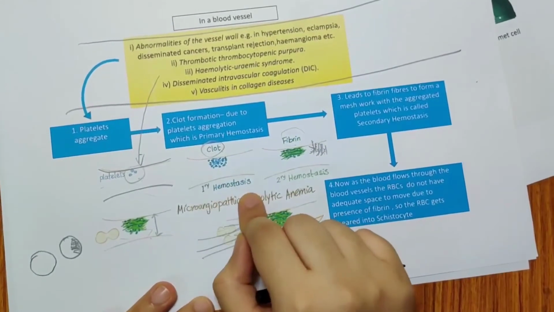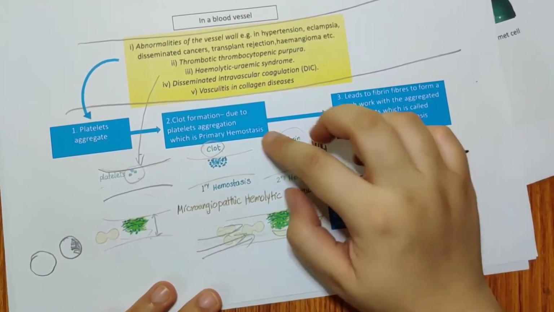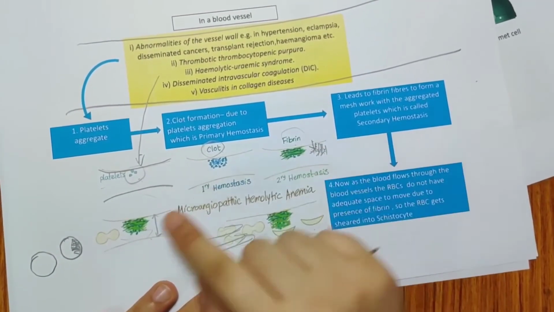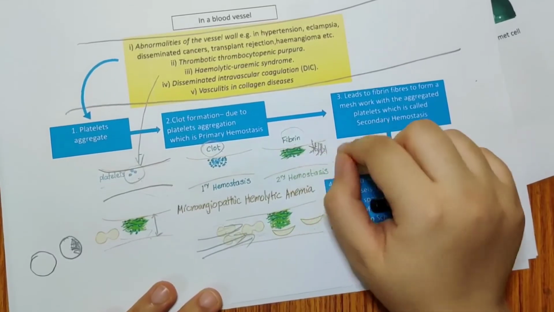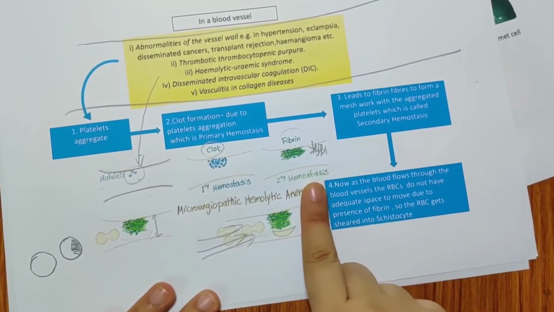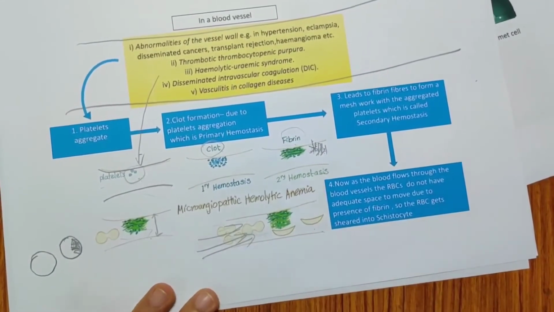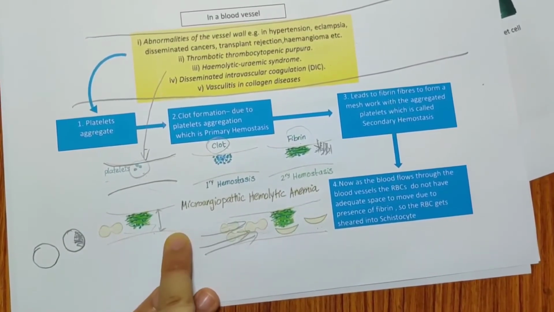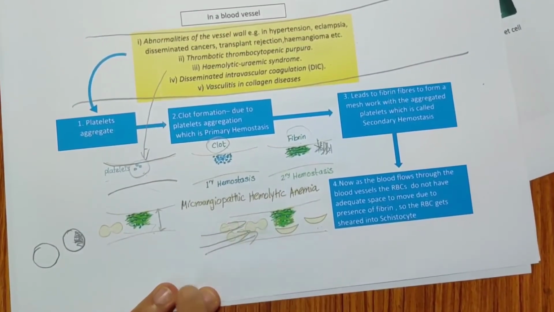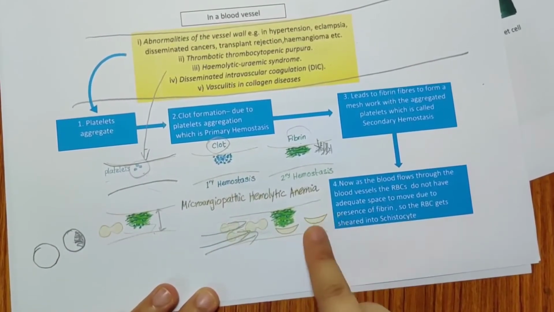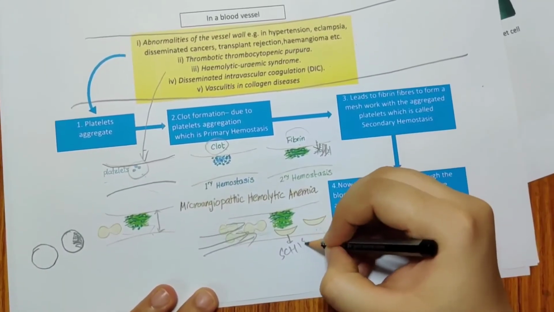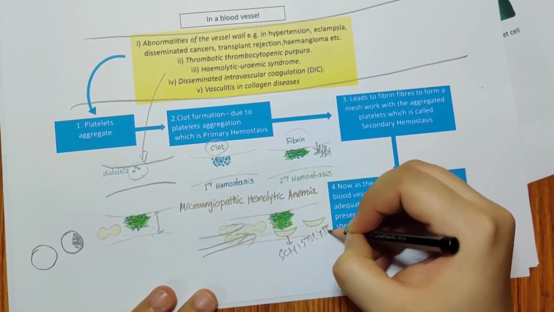This is primary hemostasis. Then the fibrin fibers get activated, and the fibrin and the platelet aggregates form a meshwork, known as secondary hemostasis. A single RBC can easily move, but when you have a turbulent flow, these RBCs will hit this and shear out, forming schistocytes.